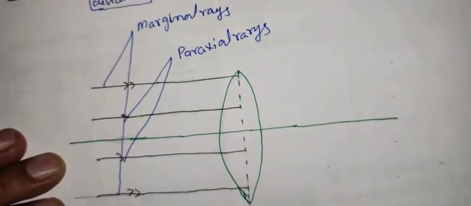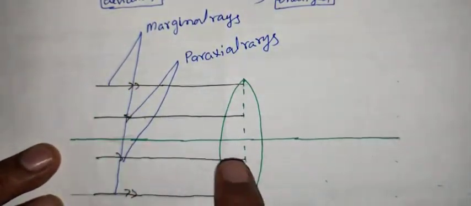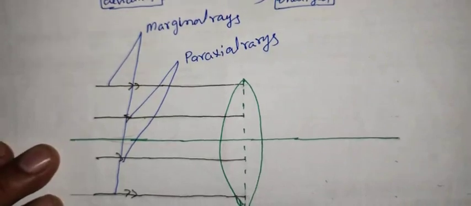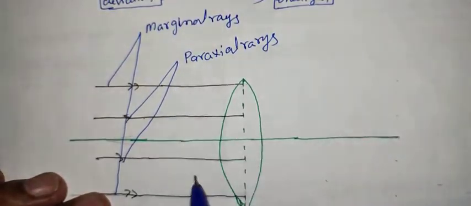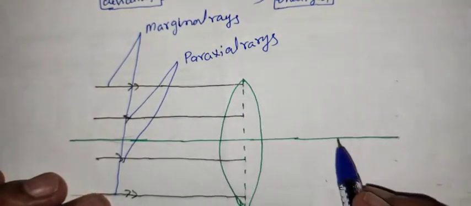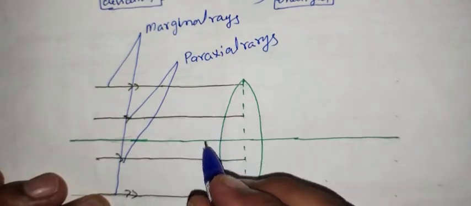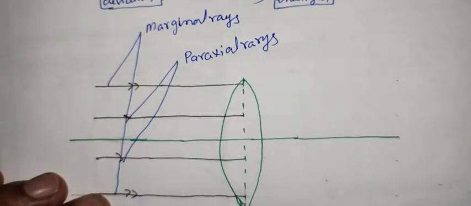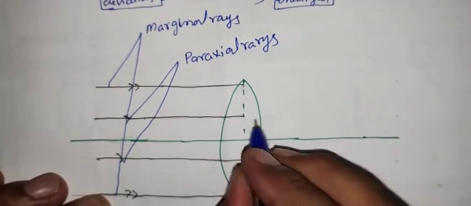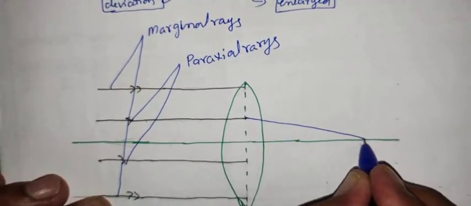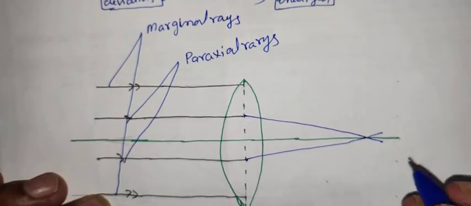Now see what happened with these paraxial rays and marginal rays when a parallel beam of light is allowed to fall on a convex lens. The general rule is that all the rays will focus at a single point, but here the parallel rays of light which are near to the principal axis, called paraxial rays, meet at one point.